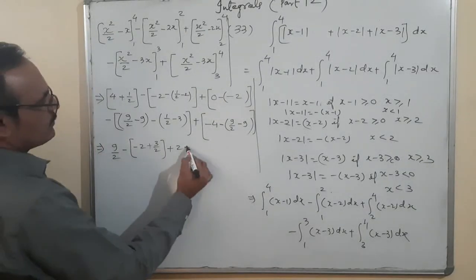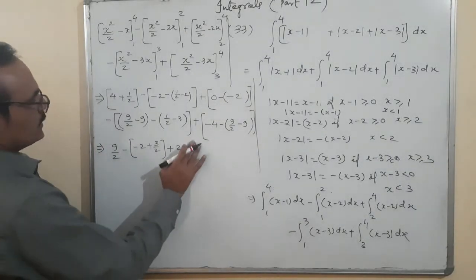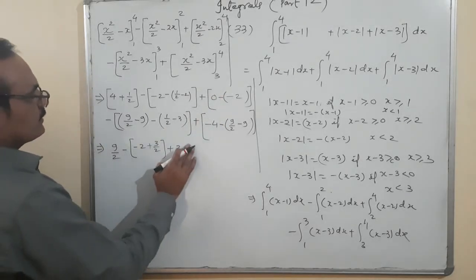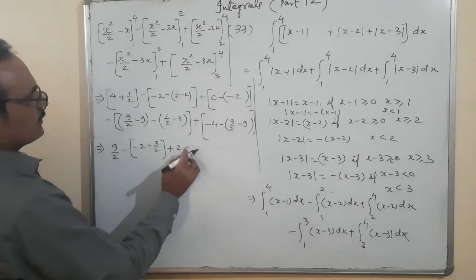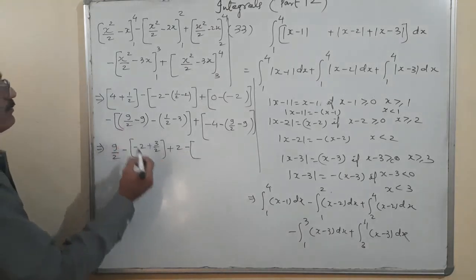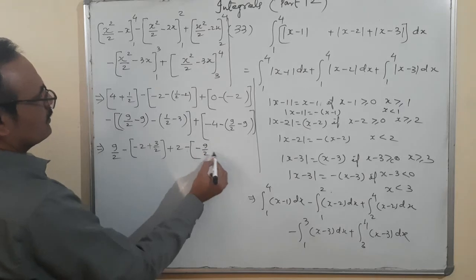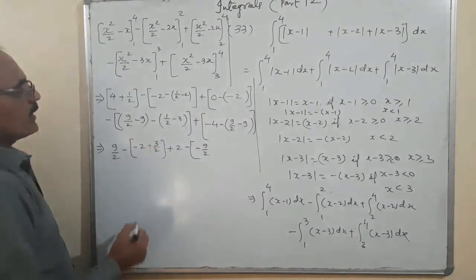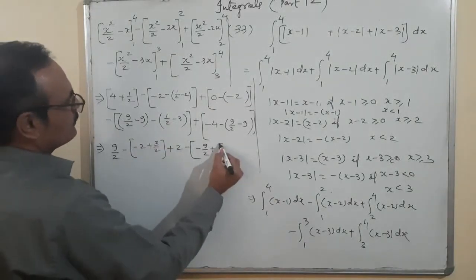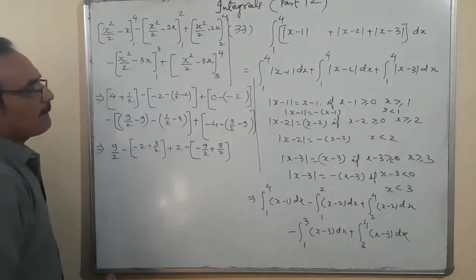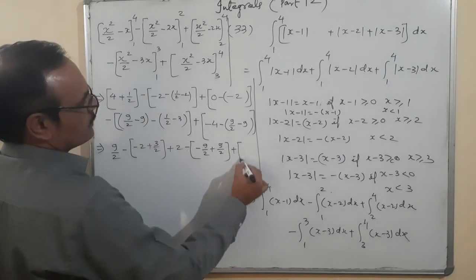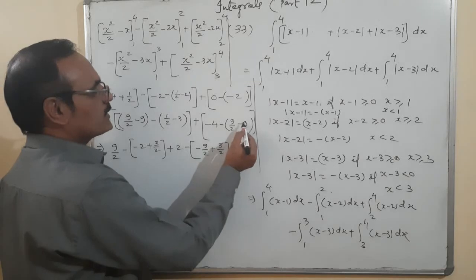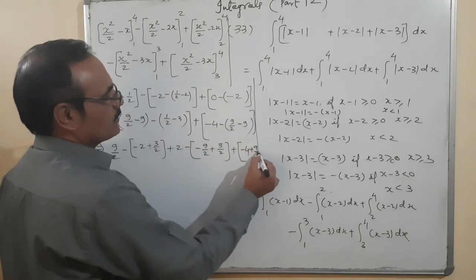So it is plus 9 upon 2. Oh, just a minute. It is 2 minus sign in the bracket. Minus 9 upon 2 and 1 upon 2 minus 3, minus 6 plus 1, minus 5 upon 2, plus 5 upon 2, plus minus 4 and 9 upon 2 minus 9, minus 9 upon 2 plus 9 upon 2.